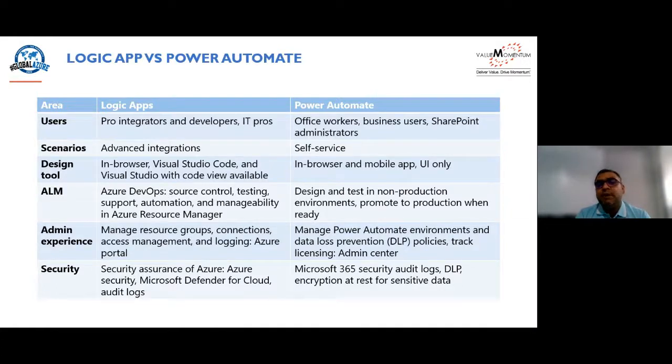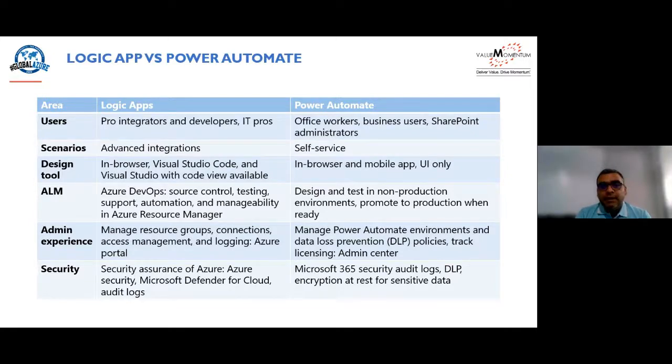They can have different instances of Power Automate, see what is for non-production, and if something is working well, they can promote it to production, but they may not require end-to-end DevOps support. So that's why we are saying that Logic Apps is the more right candidate for ALM.